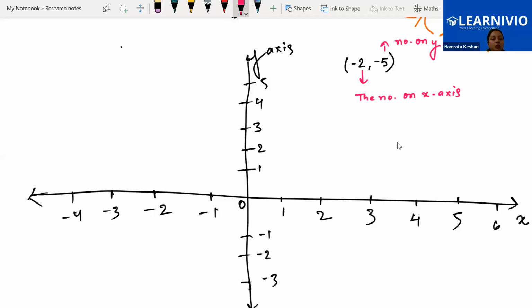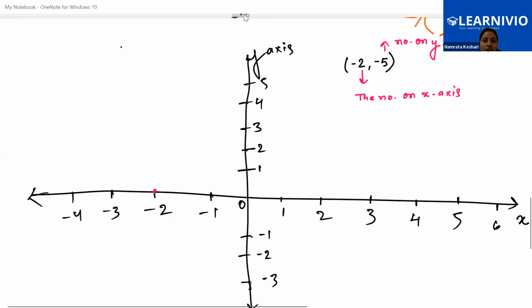Where is -2? Can you see the cursor? Yes, ma'am. Here, x is -2. Now where exactly is y at -5?